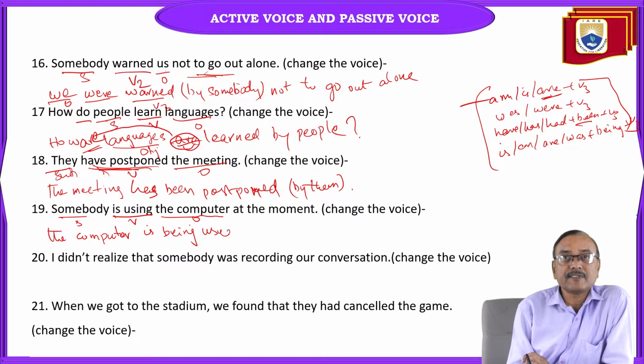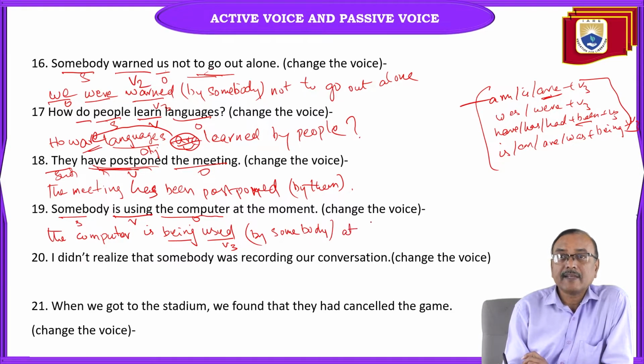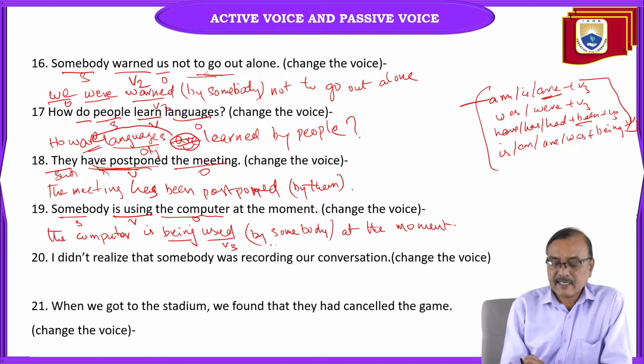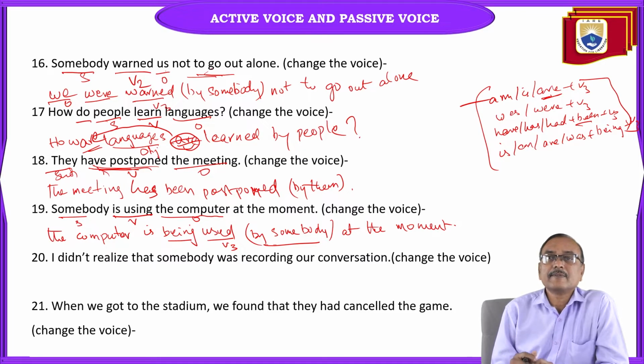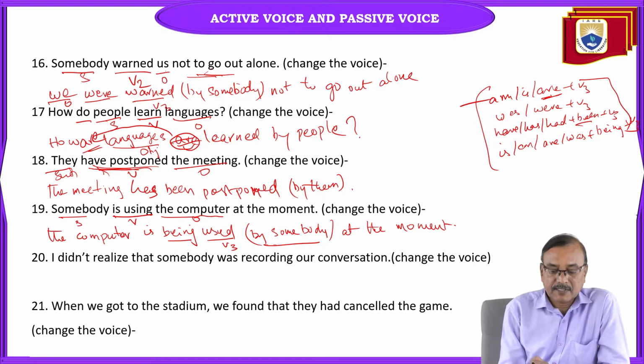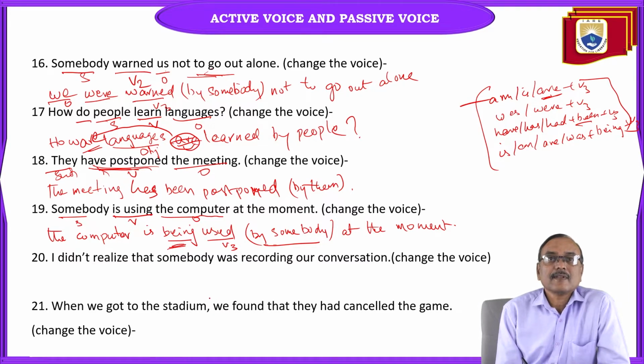Then V3 form, used. By somebody is not necessary. The computer is being used by somebody at the moment. Since it is continuous tense, we are using being here. Any doubt?